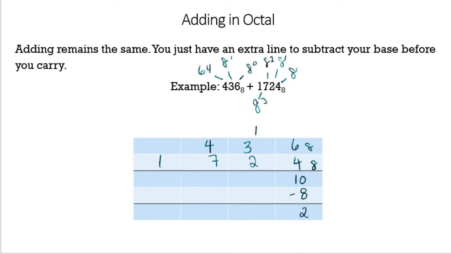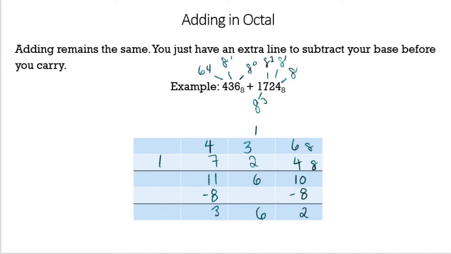1 plus 3 plus 2 is still 6. 6 is less than 8, so we get to keep the 6. 4 plus 7 is 11. We can't go above 9. Can't go above 8, I should say. So we're going to subtract 8.